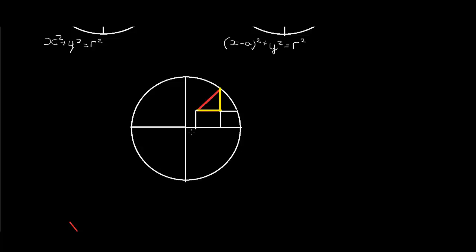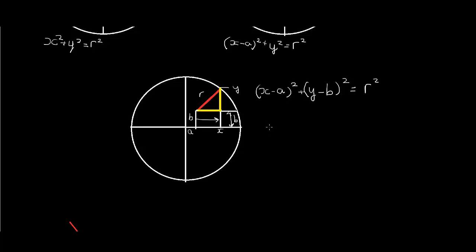Again, we'll put that distance as A, and we'll say that its length up the y-axis is B, and again this is R. So this distance here is x minus A all squared, plus this distance here is y minus B all squared, because this is B. If we square that, that equals r squared, radius being r.